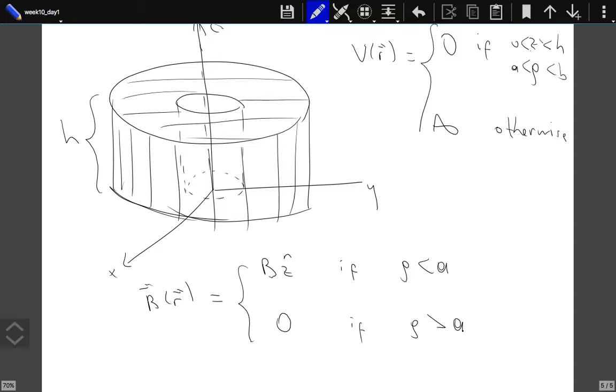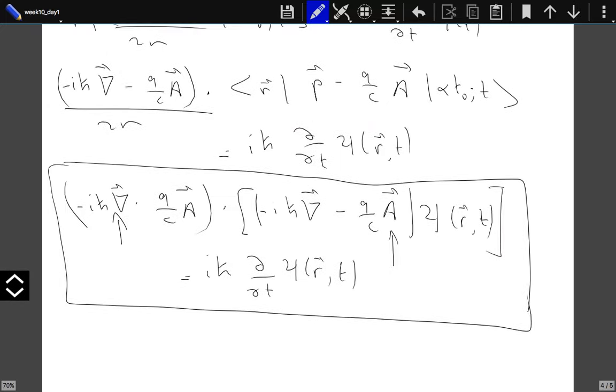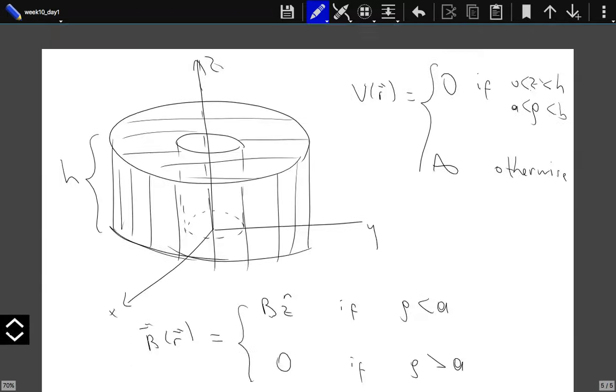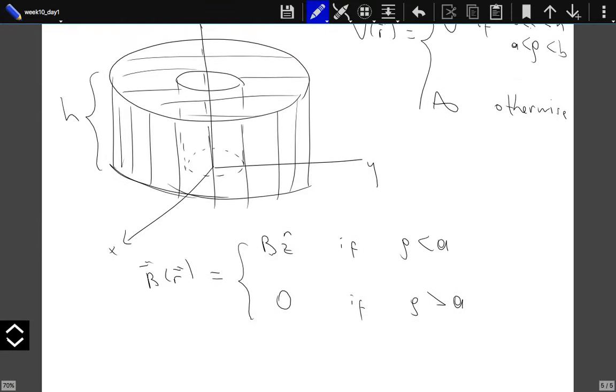Now let's look at the quantum mechanical problem. Of course, to study the quantum mechanical problem, the first thing we have to determine is what is the vector potential. What is A? What is one possible form of A? Now, of course, outside B is 0.